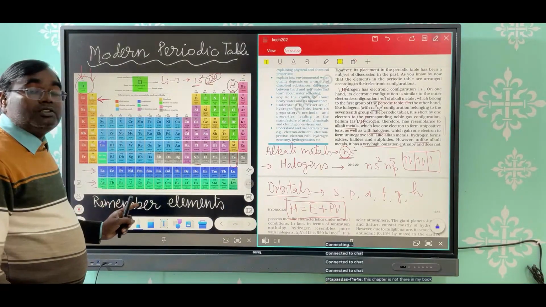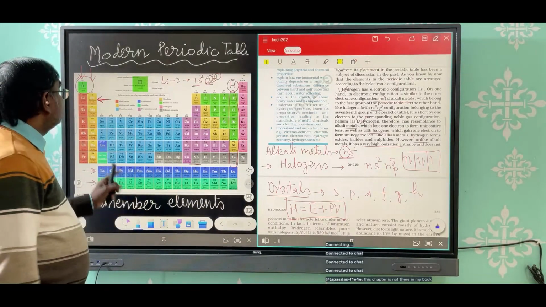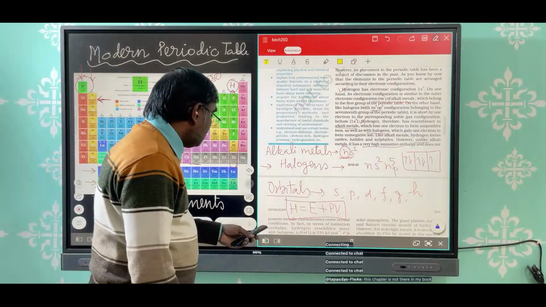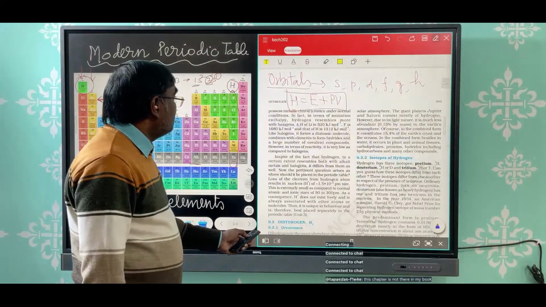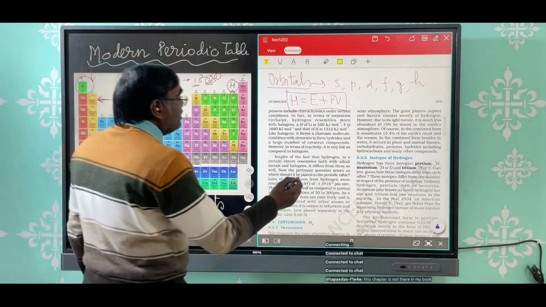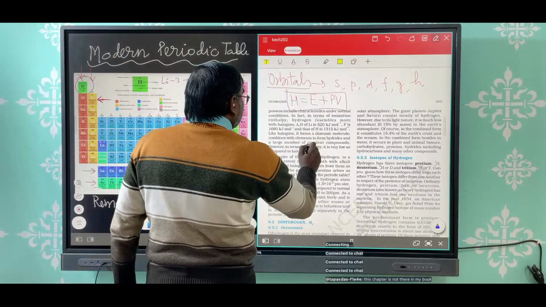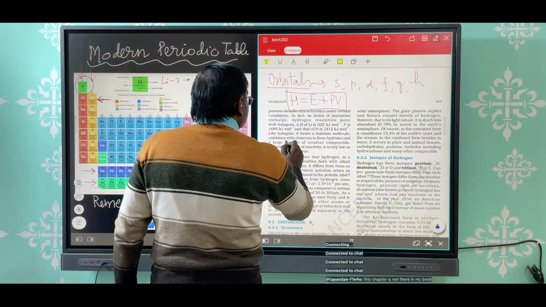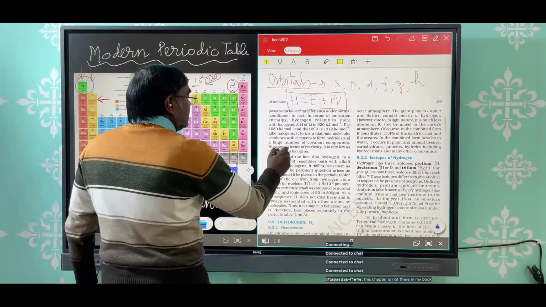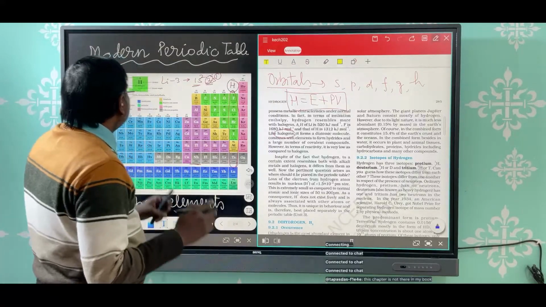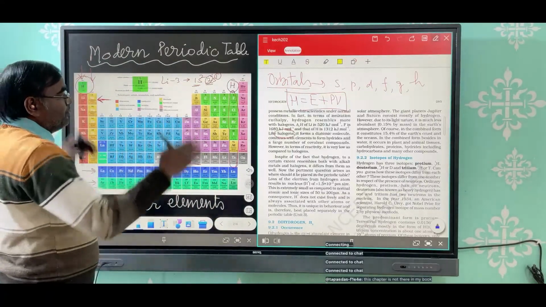So what is the consequence of that? I will tell you. It is less than, like the halogens. Because of that property, it is kept at the top.